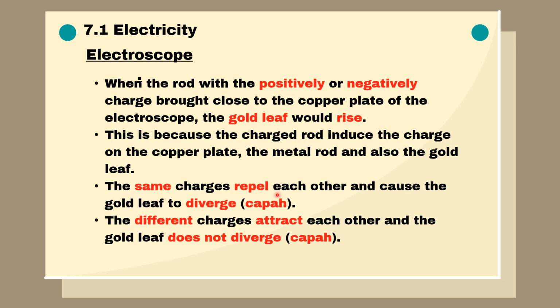The same charges will repel and cause the gold leaf to diverge, while the different charges will attract each other, so it does not affect the gold leaf. So the gold leaf does not diverge.